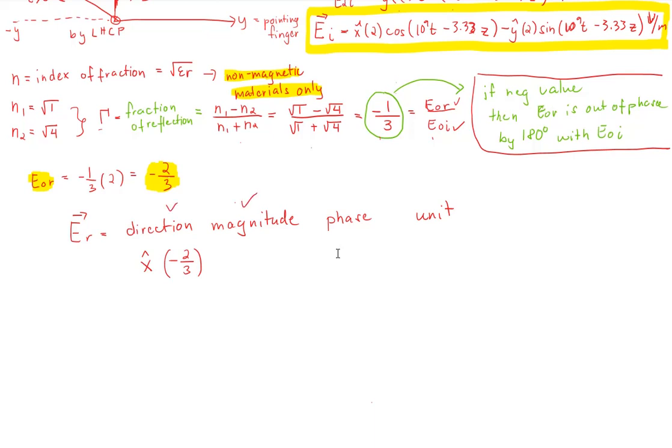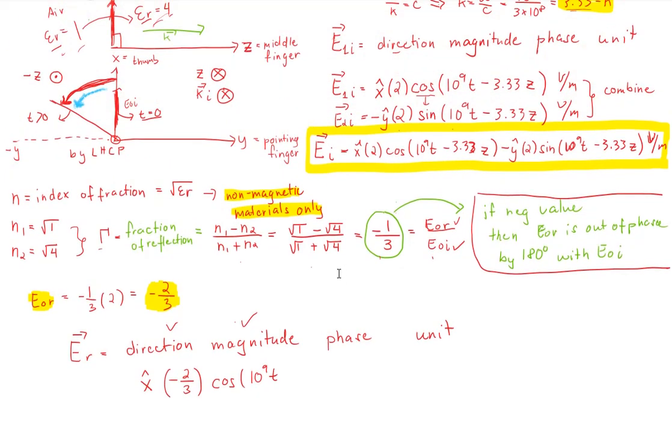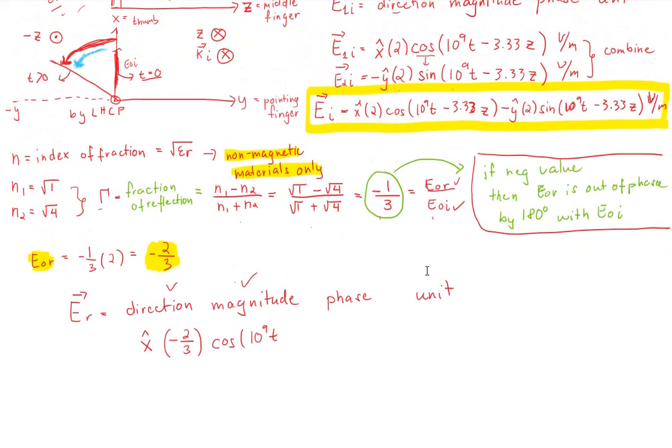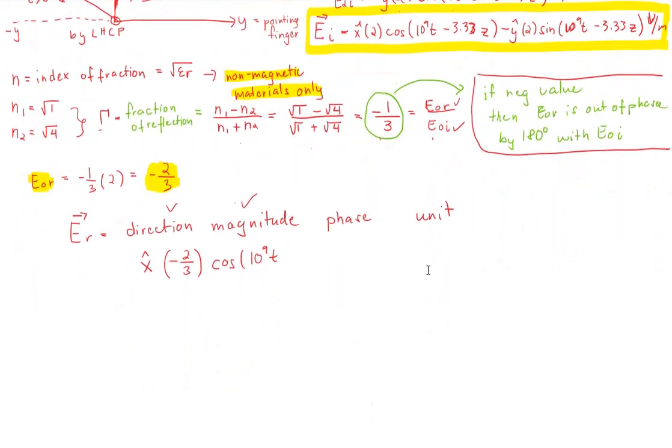Direction, we have that. Phase, so again it's going to be cosine, the same omega, 10 to the 9 times t. Now the question is, is it going to be plus or minus k? First off, let's find out what k sub r is.